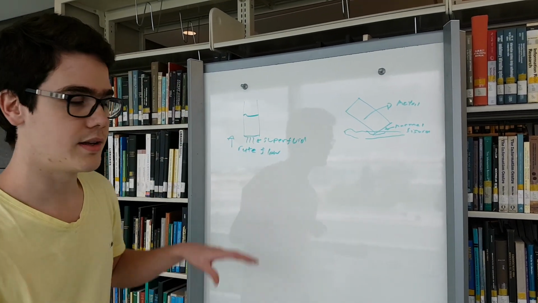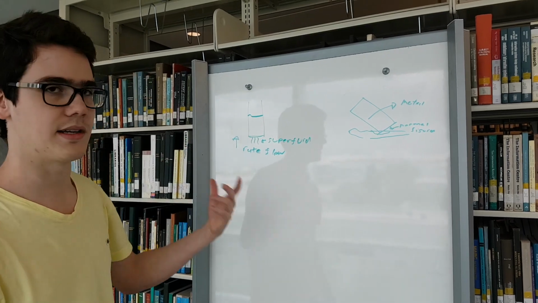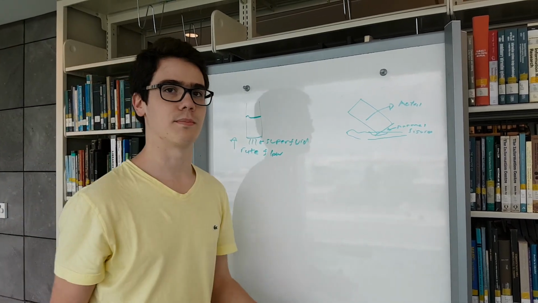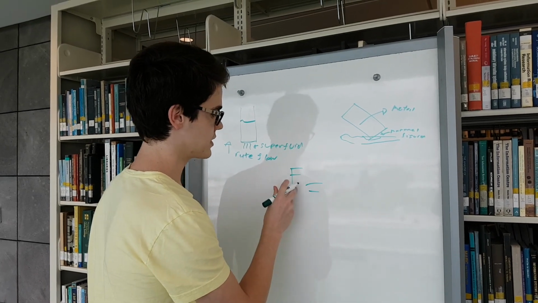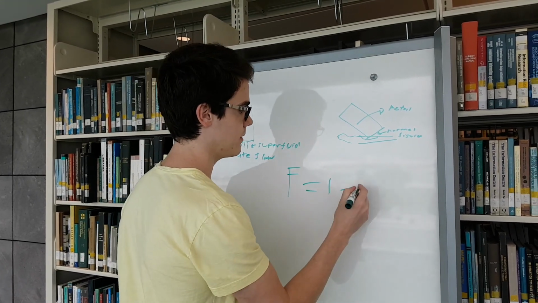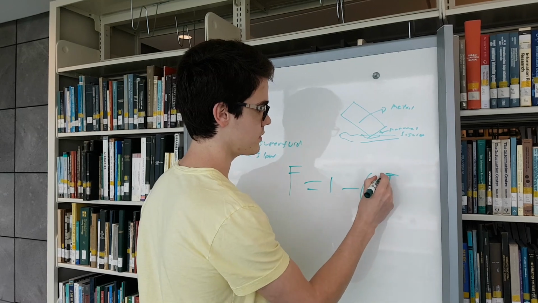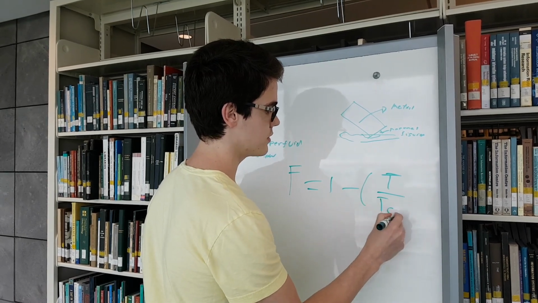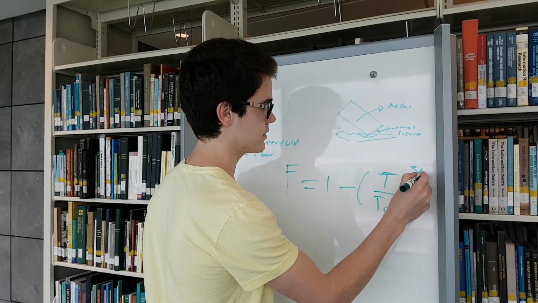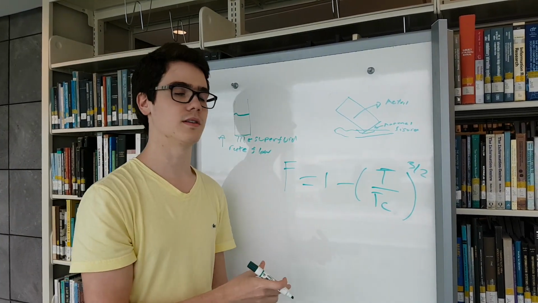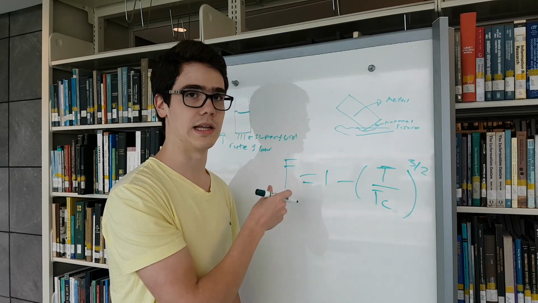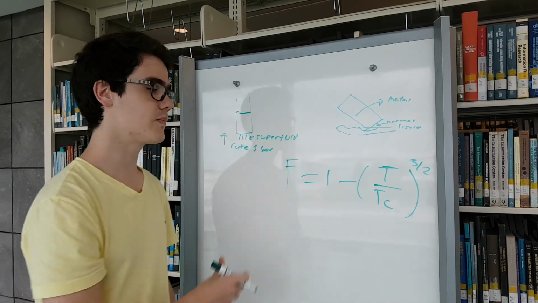The theory of London, mathematically, was that the fraction of the superfluid is given by 1 minus the temperature over the critical temperature, to the 3/2. This will determine what fraction of the whole liquid helium is superfluid.